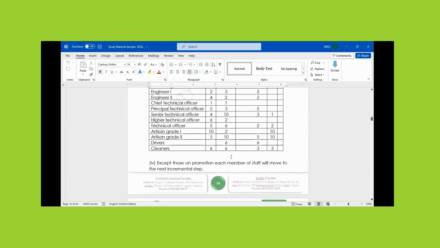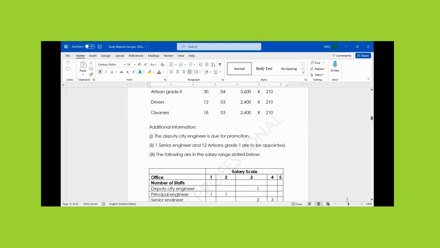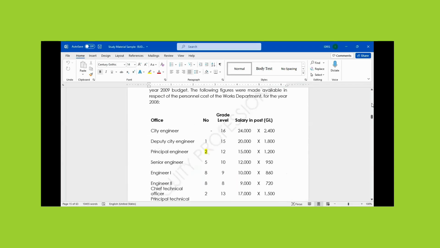Note 5 said, except those on promotion, each member of staff will move to next incremental step. They said, except those on promotion, each member of staff will move to what? Next incremental step. So what does that mean? Look at principal engineer. How many number of staff do we have in principal engineer? 2.